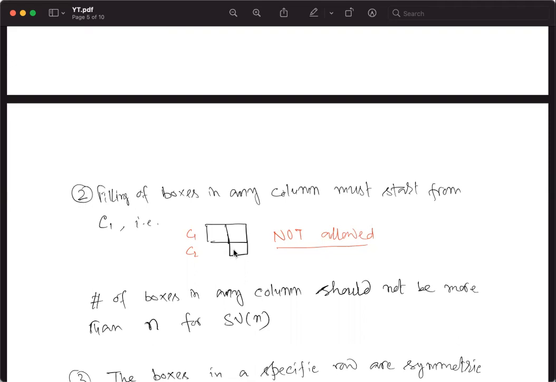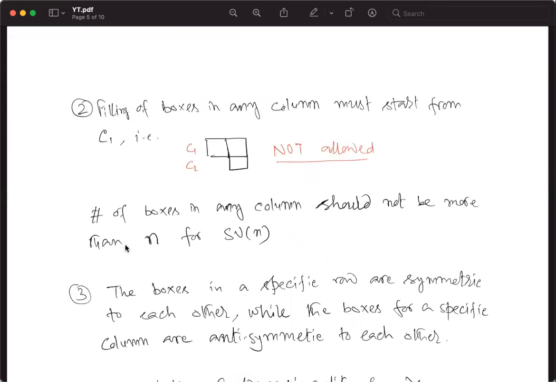But if in the next row, R2, you have only one box, and we keep that box in C2 instead of C1, leaving C1 vacant, that is not allowed. If you have one box, first you keep it in C1, and if you have an additional box, then you put it in C2, then C3, and so on. So you have to follow this cascade or chain rule kind of thing.